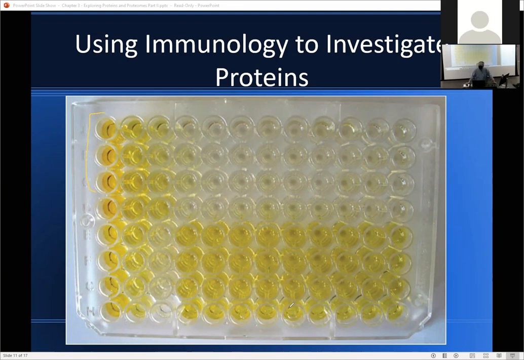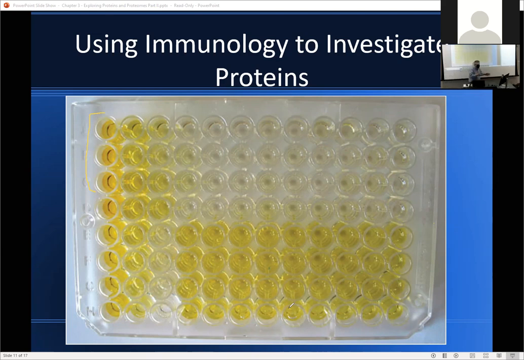What happens to proteins when we expose them to low pH? Denature. Okay, so after a certain amount of time, we want to stop this reaction so it doesn't proceed any farther. So when we add the sulfuric acid, it's going to denature the enzyme, stop the reaction, and also it turns the color from blue to yellow when it does that as well.